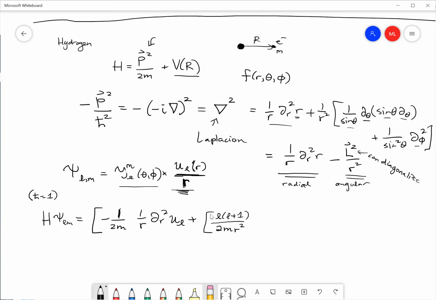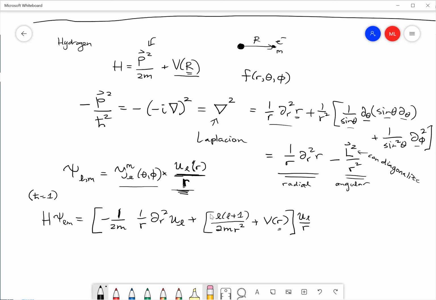Remember, this thing we said is minus p squared, so it would be plus L squared over r squared. And again, h bar is 1, so you just get L(L+1) over 2mr squared. Then you get your potential, which again depends on only the radial coordinate. Now this is no longer an operator, but the actual radial coordinate, because we're in the position representation, so we can replace the position operator with the coordinate. And that's all acting on u_L over r.